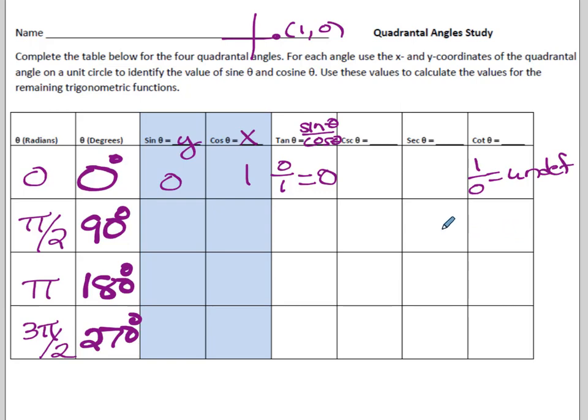Okay, so if you want to, you can put right here cosine theta over sine theta, or if you want to, you can say 1 over tangent theta, whatever your strategy is for figuring out what cotangent is. All right, for cosecant, remember that cosecant theta is equal to 1 over sine theta.